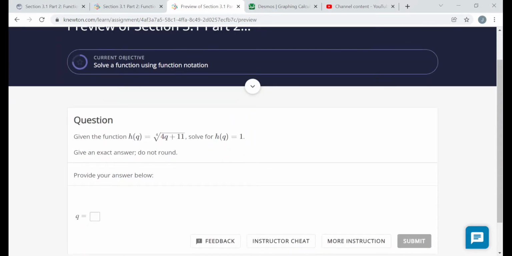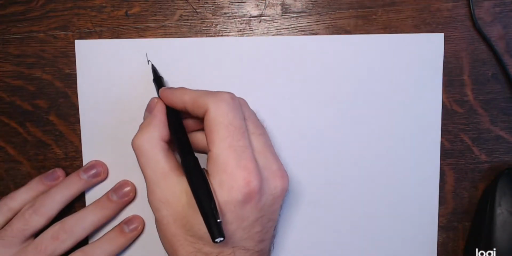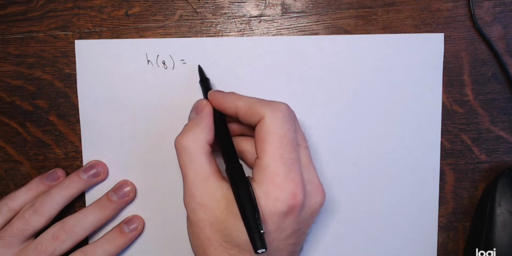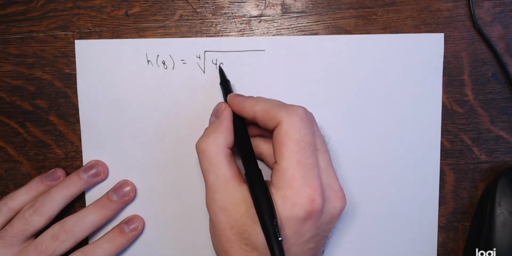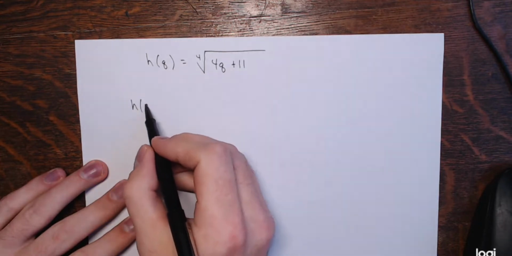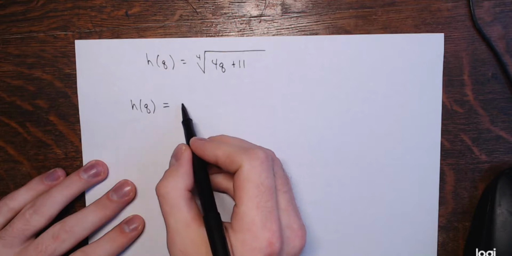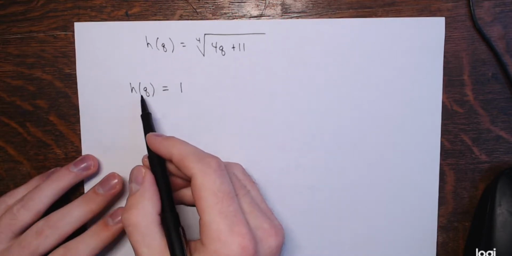All right. So again, I'll write this out. So once again, we have h of q equals the fourth root of 4q plus 11. And we're asked to solve this equation. When is h of q equal to 1?